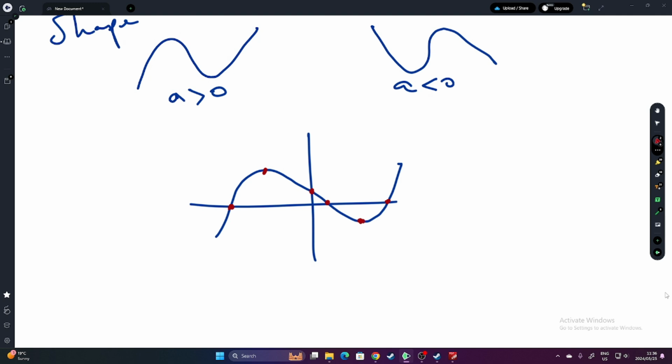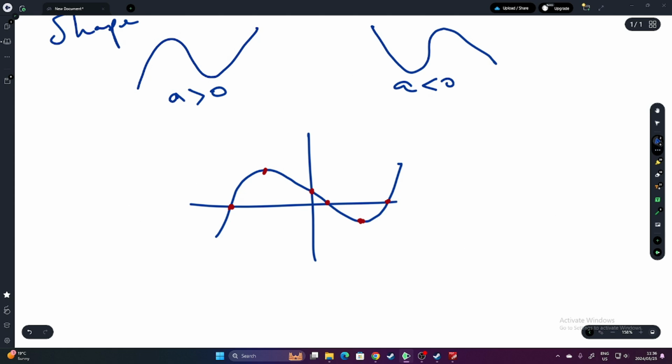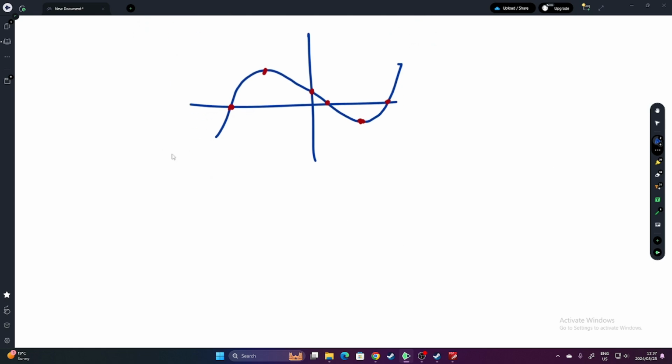If we have these 6 points, once we plot them on a Cartesian plane, we'll be able to draw this graph quite easily. So the question is, how would we actually find these 6 points?